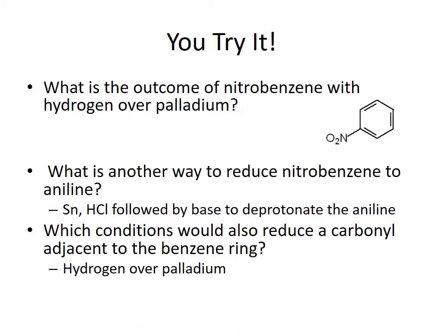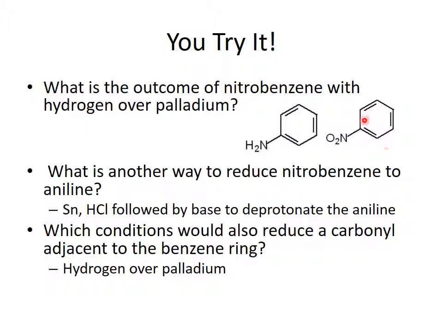The ketone is unaffected. So what is the outcome of treating nitrobenzene with hydrogen over palladium? Well, what you get is no reduction of the benzene ring and reduction of the nitro group to the amino group. So we get aniline.